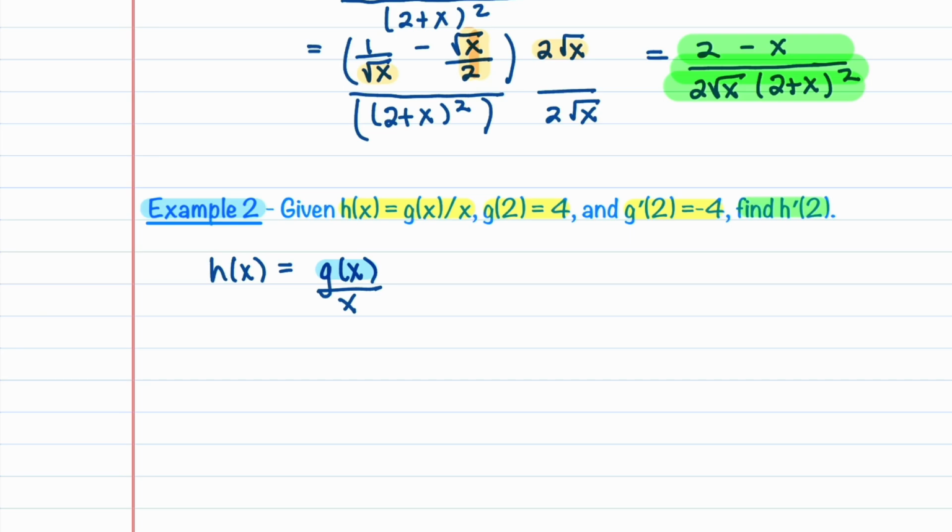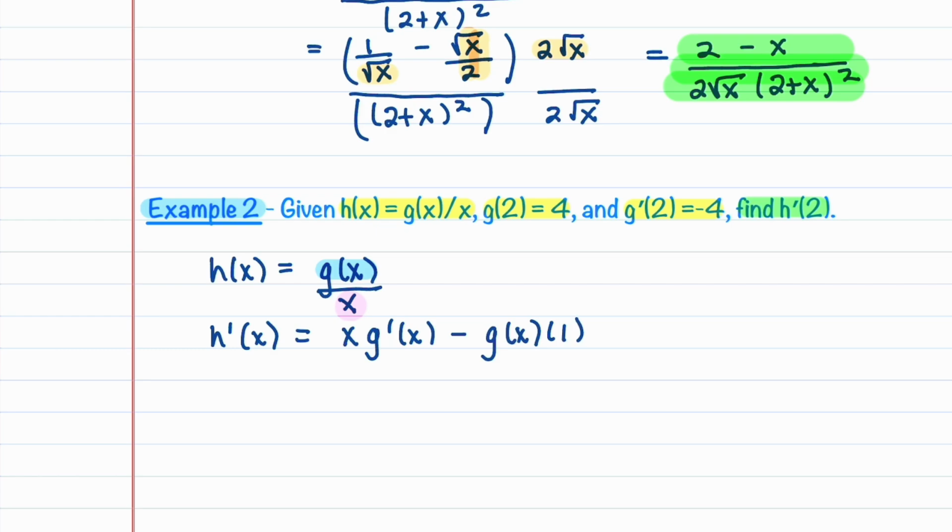G of x is our top function, and then x is our bottom function. H prime of x is going to be x, the bottom function, times the derivative of the top, minus the top, which is g of x, times the derivative of the bottom, which is the derivative of x, which is just 1.